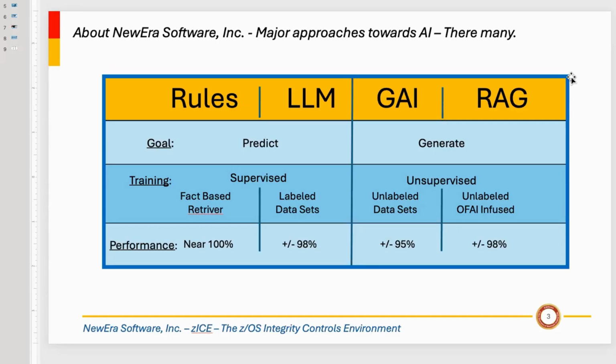The learning that these guys go through, that is Gen AI and RAG, is unsupervised. That is, the models learn essentially on their own. The data sets that they use are unlabeled. That is, the data is all scrambled up, and the models themselves have mathematics that allow them to figure all that out.